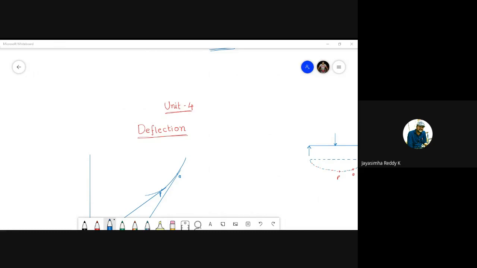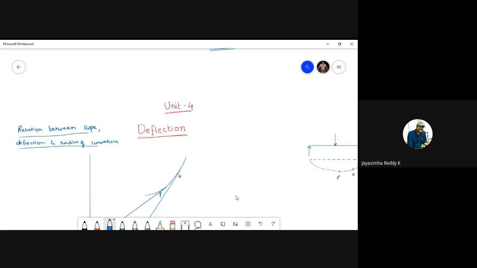So we'll consider an element, and then we'll write the relation between slope, deflection, and radius of curvature. Okay, this is very, very important, students.